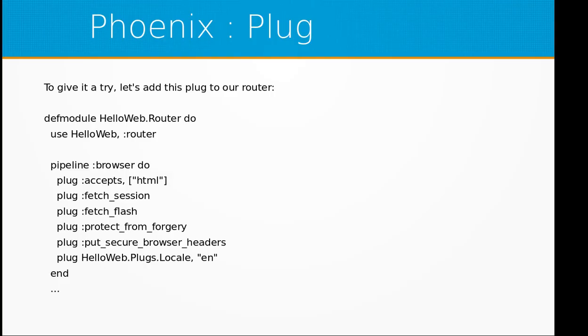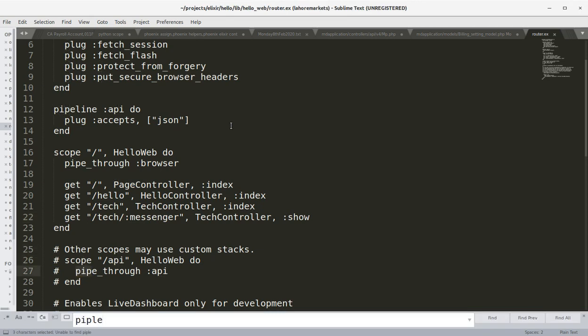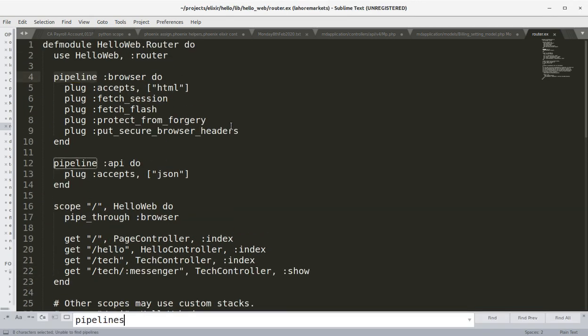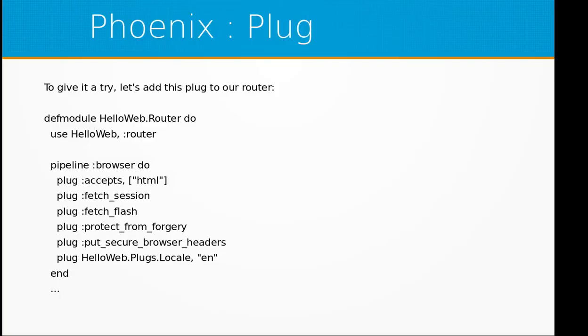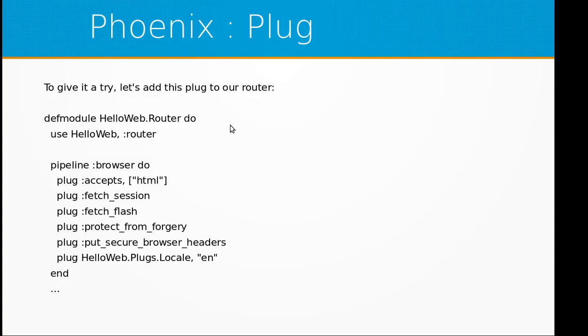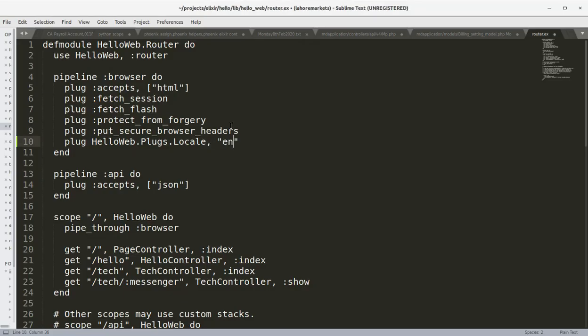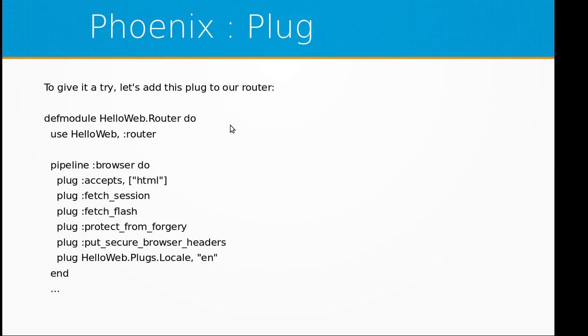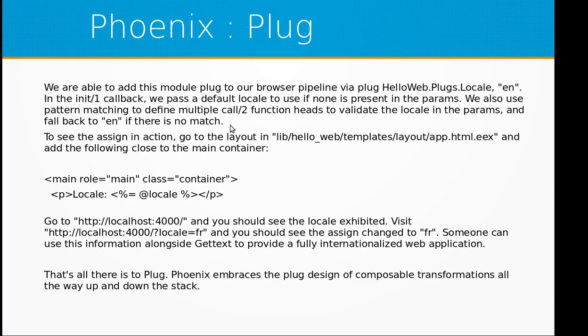So we need to go into pipelines, browser, and just after put_secure_browser_headers we can add our new plug, HelloWeb.Plugs.Locale, "en". Save this file, and we are able to add this module plug to our browser pipeline via plug HelloWeb.Plugs.Locale, "en".